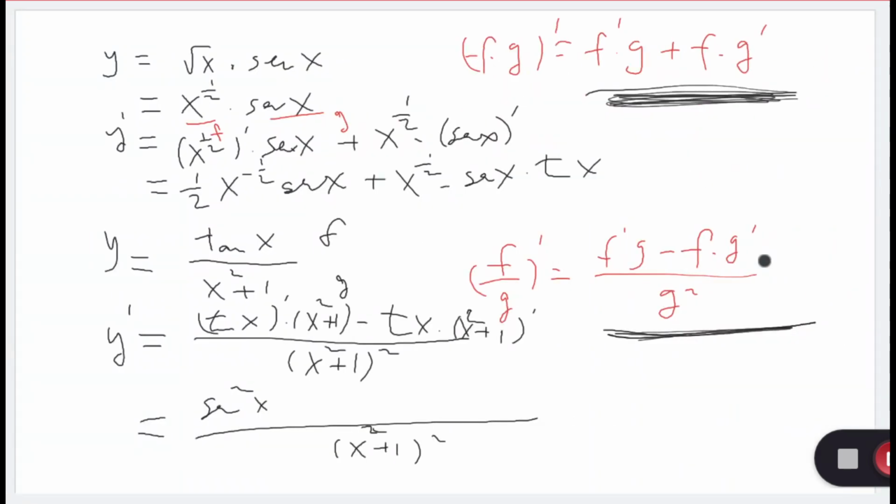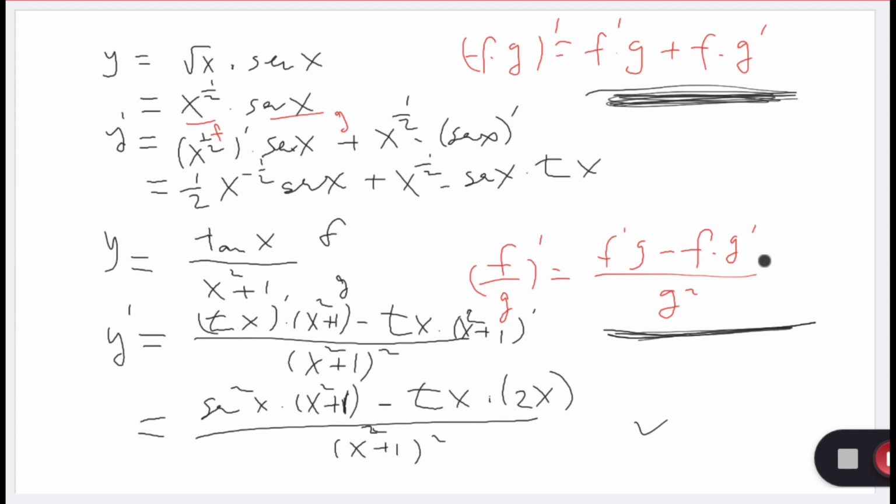All right, and times x squared plus 1 minus, remember it's minus, tangent times, now the derivative of x squared plus 1 is 2x plus 0, so it's just 2x. This is the answer.